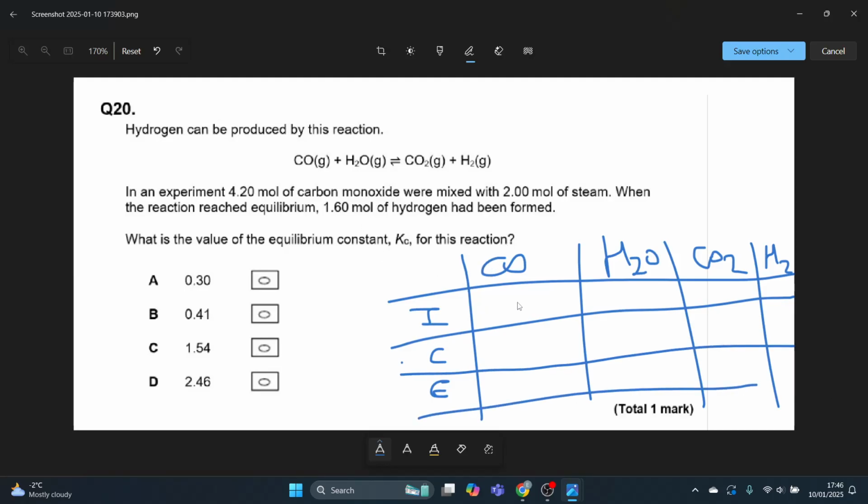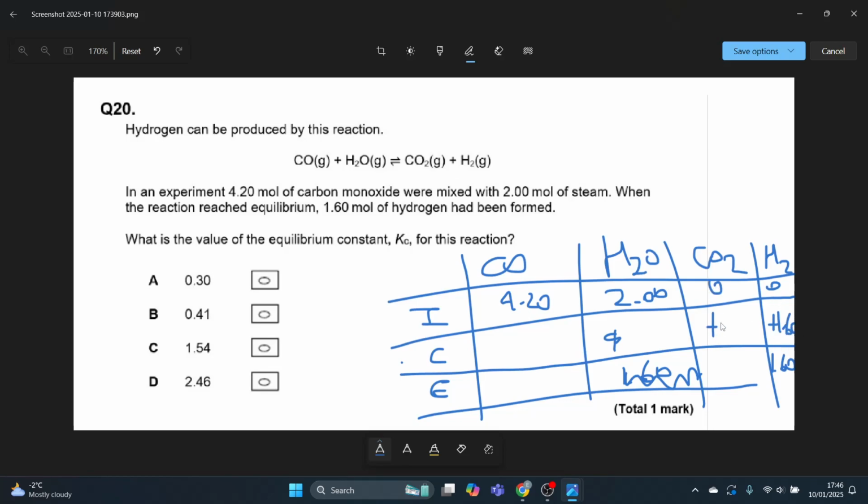We don't need to do MP because that's for Kp. Initial moles, well, we've got 4.20 initial moles of carbon monoxide mixed with 2.0 moles of steam, water, and we know 1.60 moles of hydrogen had been formed, which was the equilibrium moles of hydrogen once the reaction reached equilibrium. So the change is 1.60.